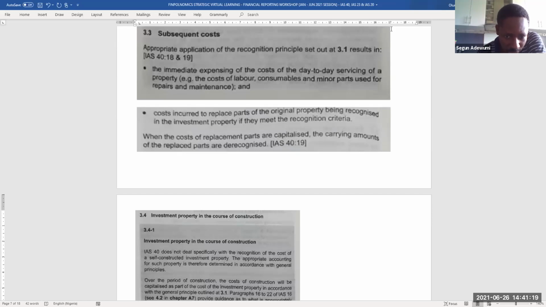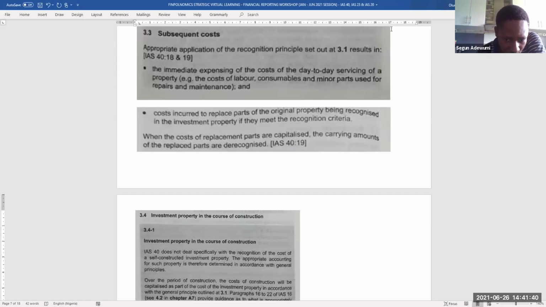Investment property in the cost of construction. IAS 40 does not deal specifically with the recognition of the cost of a self-constructed investment property. The appropriate accounting for such property is therefore determined in accordance with general principles.